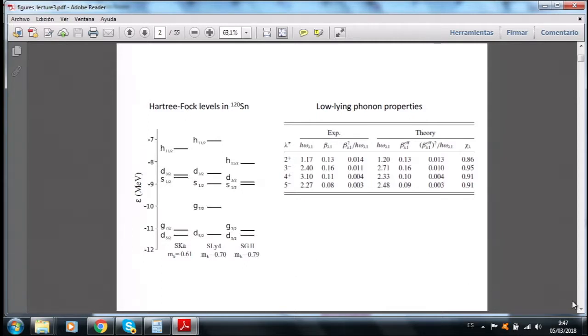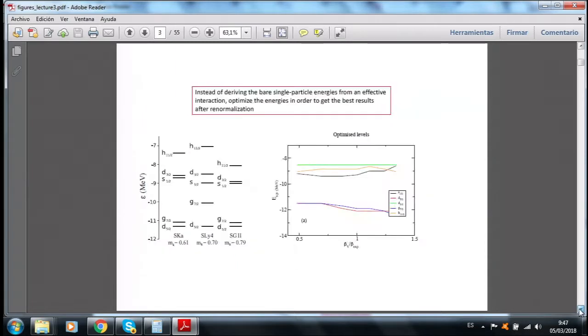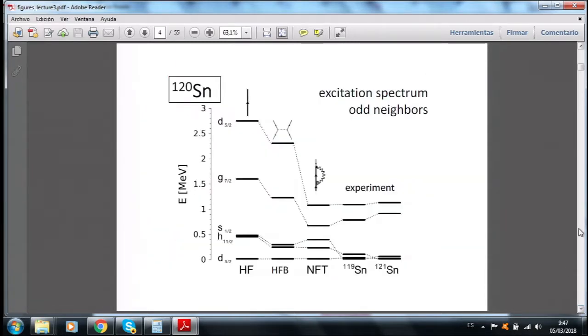And from there, everything comes out. For example, here you have what happens if we did only Hartree-Fock-Bogoliubov, and what happens if we add the processes of induced interaction and single particle self-energy.